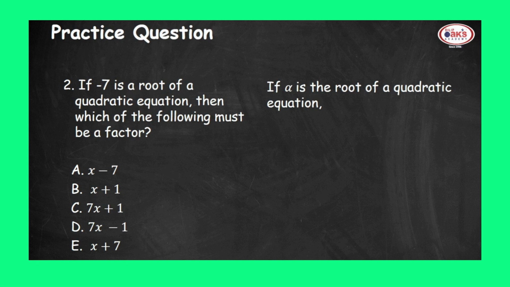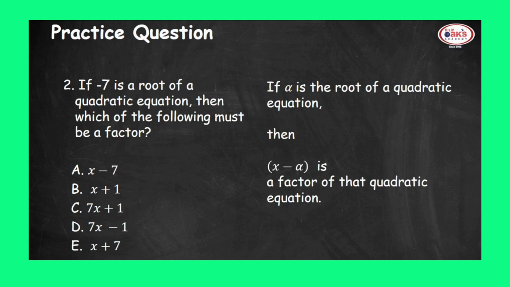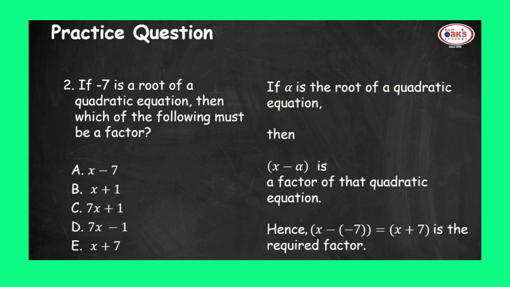It says if alpha is the root of a quadratic equation, then x minus alpha has to be a factor of that quadratic equation. Now here, as you can see, the role of alpha is played by minus 7 and therefore the factor is x minus of minus 7, which is equal to x plus 7, and therefore we will mark option E and go to the next question.